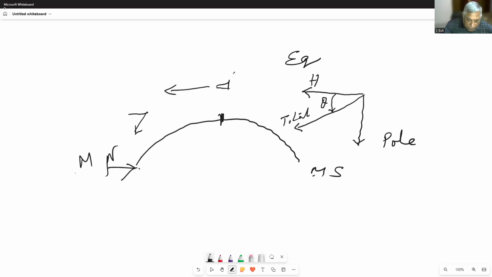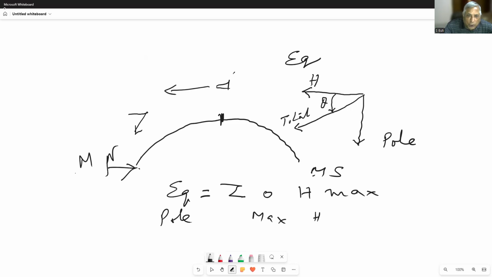Remember, at the magnetic equator, Z is 0, vertical force is 0, and H is maximum. At the pole, Z is maximum and H is 0.